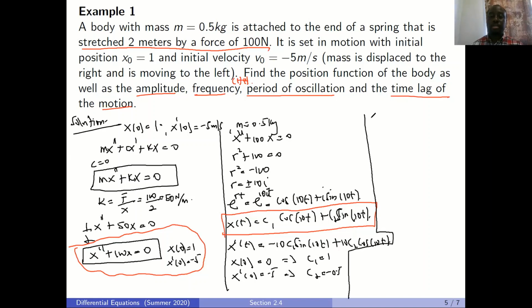And so my particular solution is cosine of 10t minus 1/2 the sine of 10t.